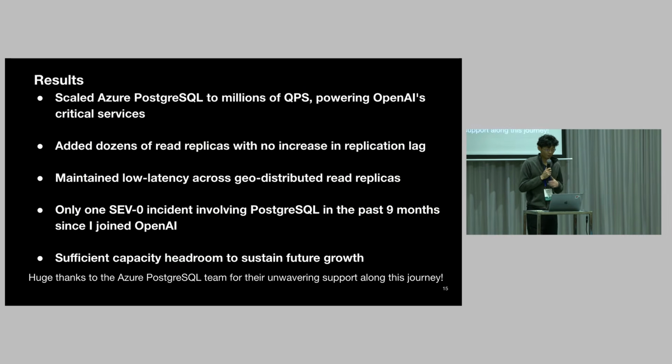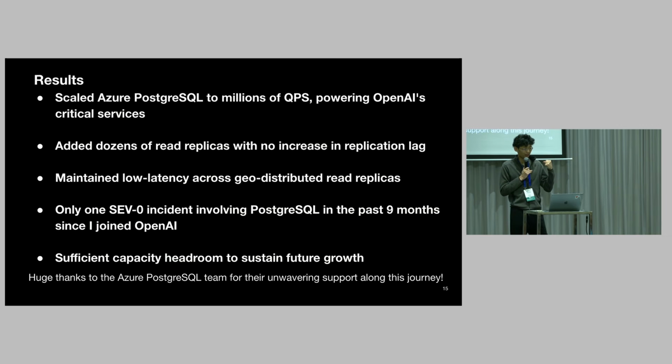So with all those optimizations, I think we are currently pretty happy with Postgres. We scaled our Postgres to millions of QPS. It's powering OpenAI's critical services. And we can also add dozens of replicas with no increase in replication lag.